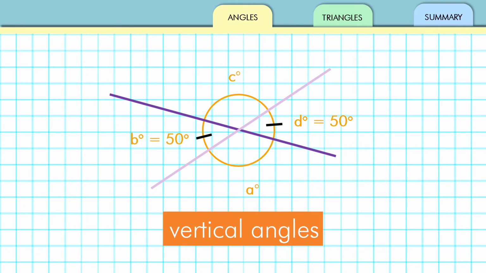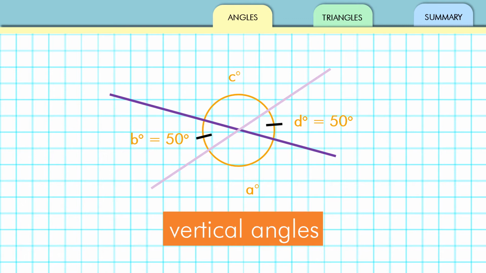How then should we know the measures of angles A and C? Let's use the knowledge that we have. We know that angles B and D both equal to 50 degrees, meaning they add up to 100 degrees. And we know that the sum of these four angles is 360 degrees.